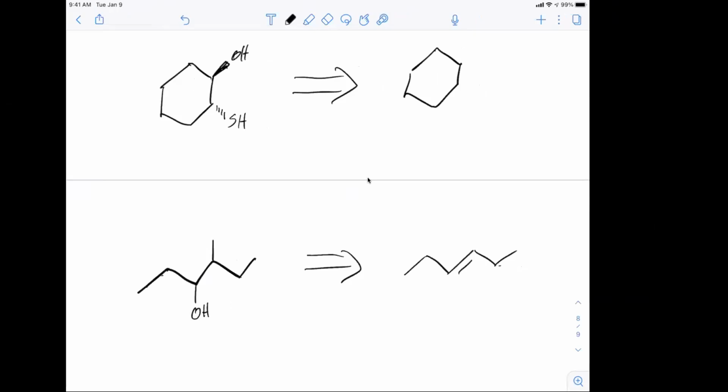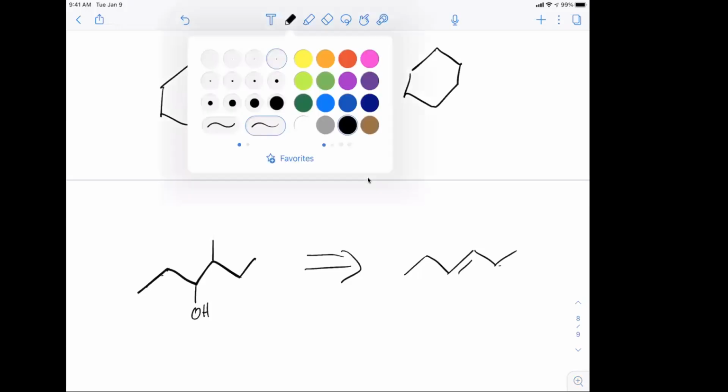Again, think about your process before you think about your reagents. Okay, let's break down this first one.